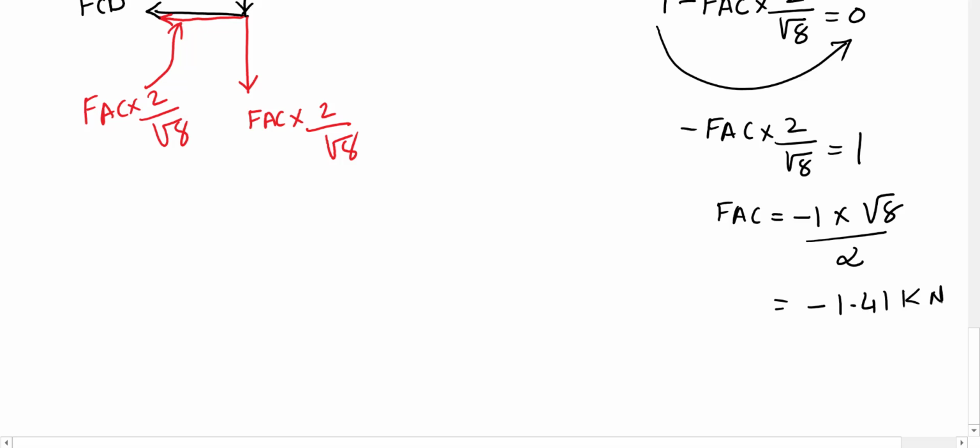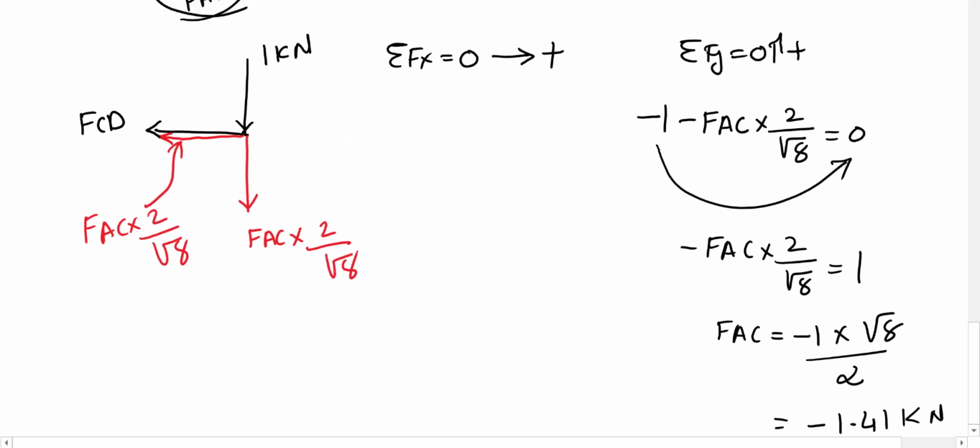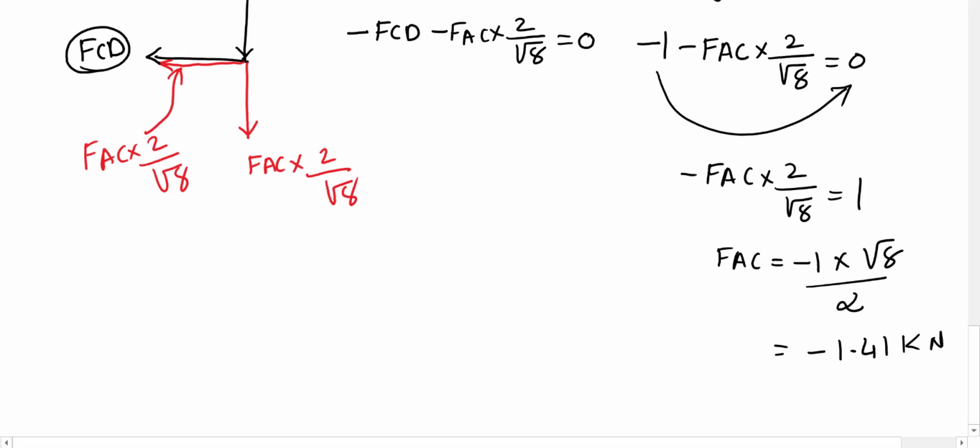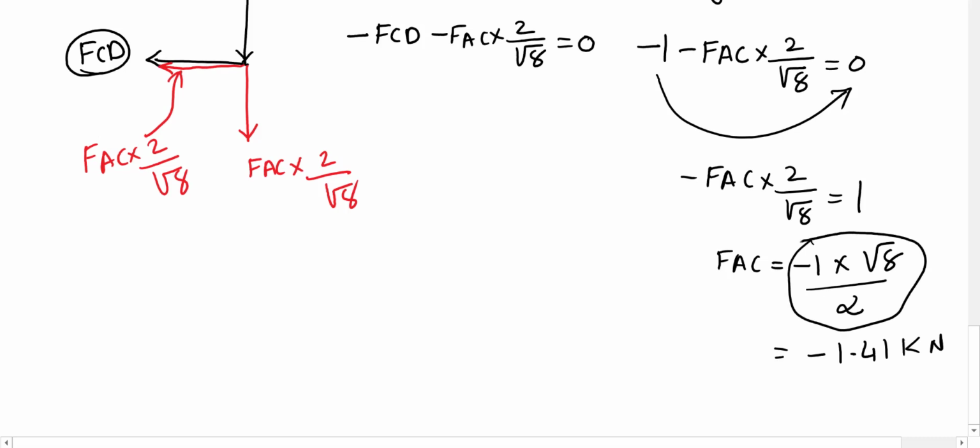And then similarly we can apply sum of forces in the x direction. FCD is going left, so minus FCD, and minus FAC times 2 on square root 8, equal to 0. Now we substitute the FAC value: minus FCD, and instead of FAC I put minus 1 times square root 8 on 2 times 2 on square root 8, equal to 0.